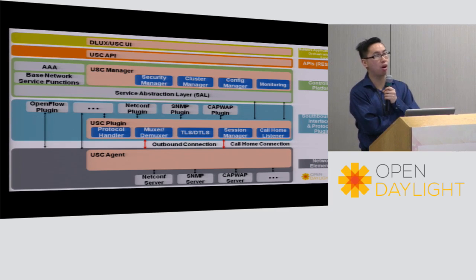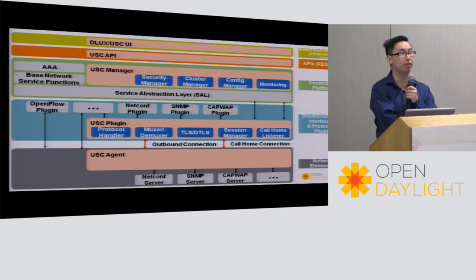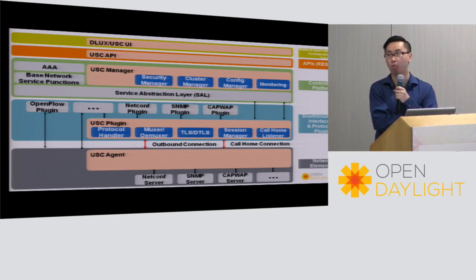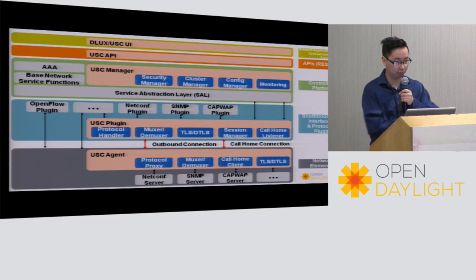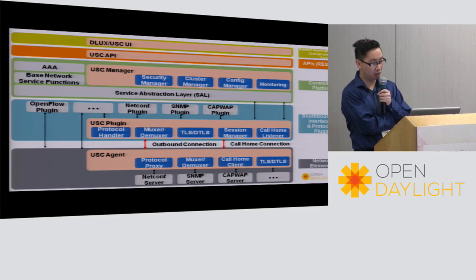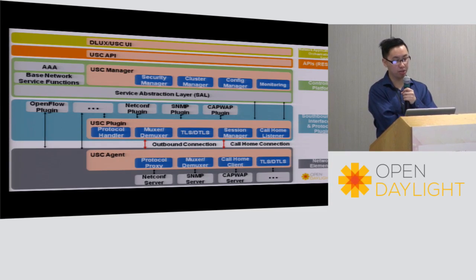This is used for environments where you have your devices behind some sort of NAT or firewall, and you may need some sort of call home. On the USC agent side, we have the protocol proxy, the corresponding muxer demuxer, and the USC agent also acts as a call home client to initiate the connection with the controller side.